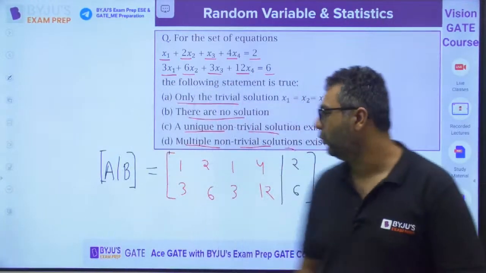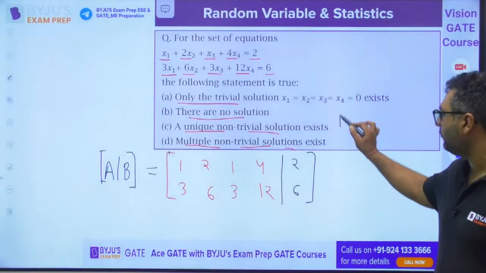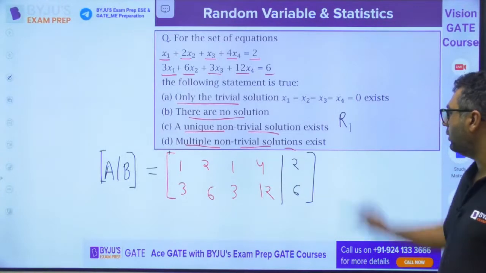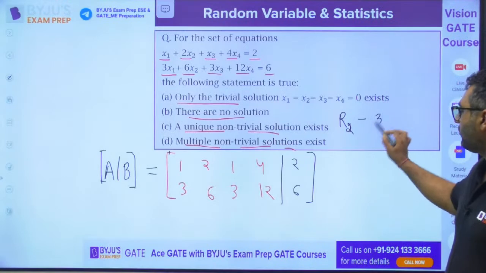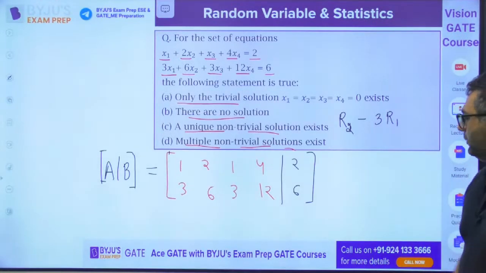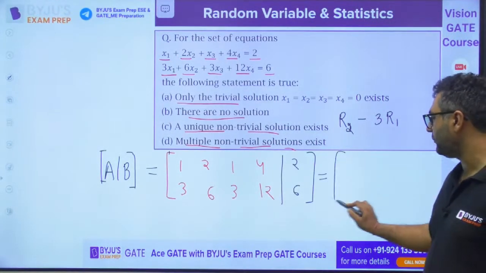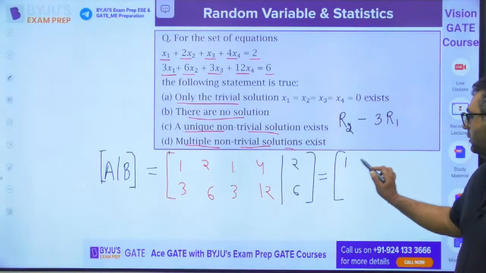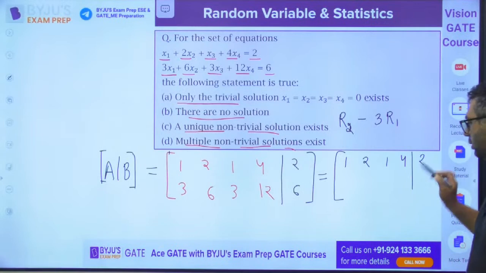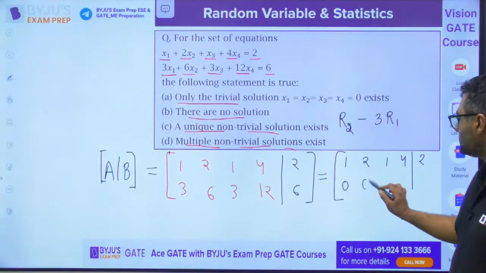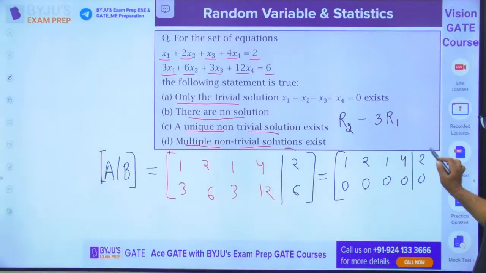Okay, rank is coming 1. Vipin, what will we operate now? Can we operate R2 minus 3R1? When you operate like this, what will you get? 1, 2, 1, 4, 2, and here we will be getting 0, 0, 0, 0, 0.